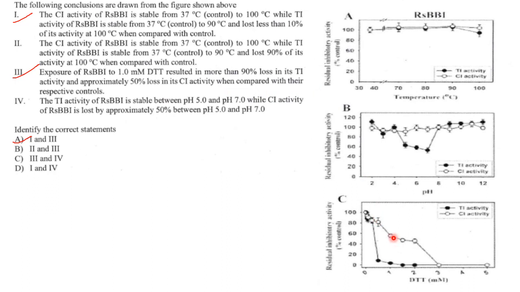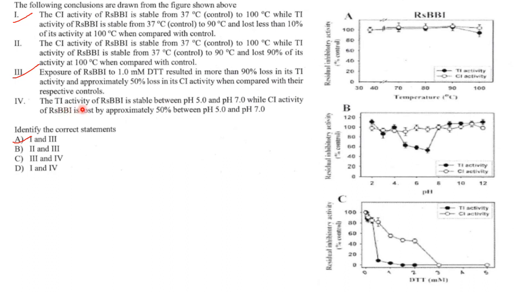This is the CI activity, so there is 50% loss in CI activity over here when compared with their respective controls. So these are the control values over here, 100%. So there is loss of 90% for TI activity and 50% in case of CI activity. So 3 is also correct.